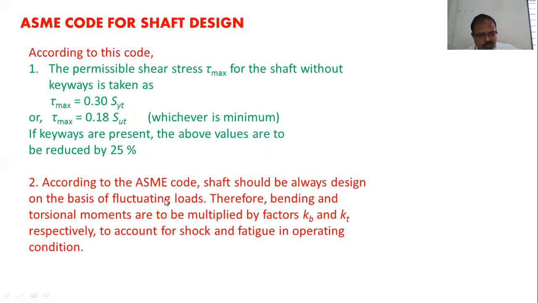In order to account for this varying nature of load, we have to consider two factors, Kb and Kt. Kb is the combined shock and fatigue factor in bending, and Kt is the combined shock and fatigue factor in twisting, respectively. So Kb should be multiplied by Mb and Kt should be multiplied by Mt, that is torque.